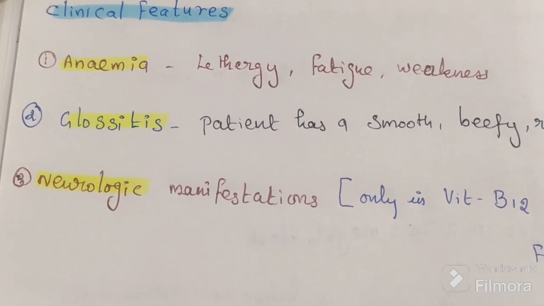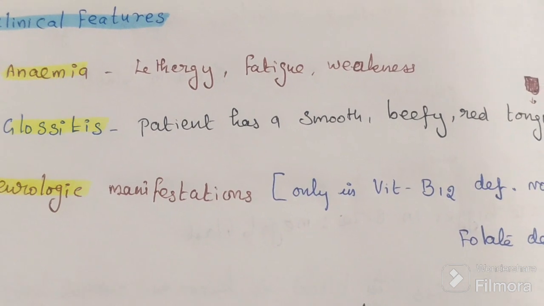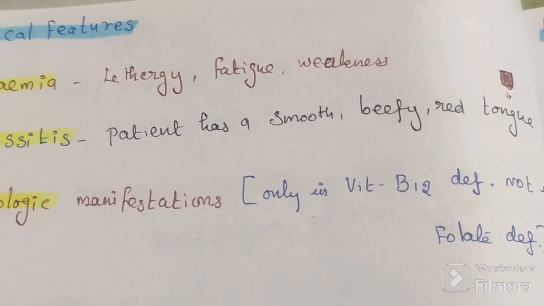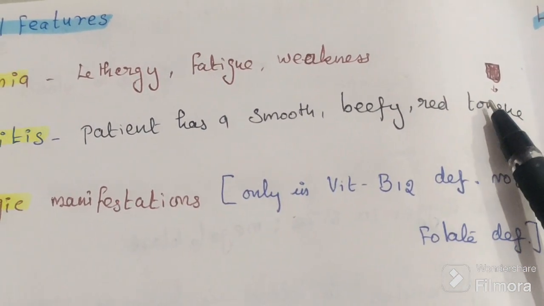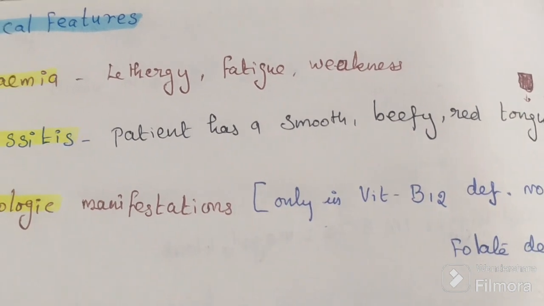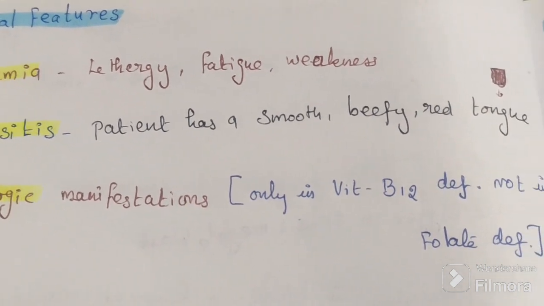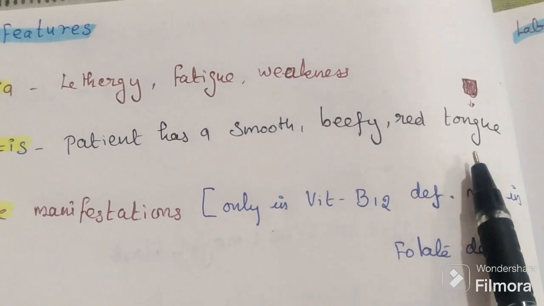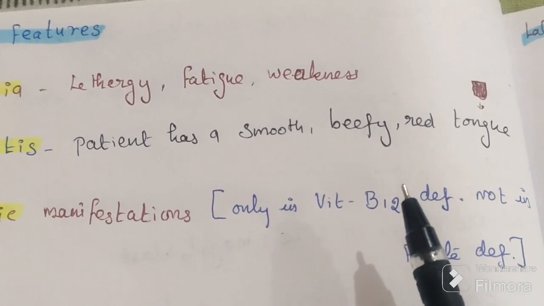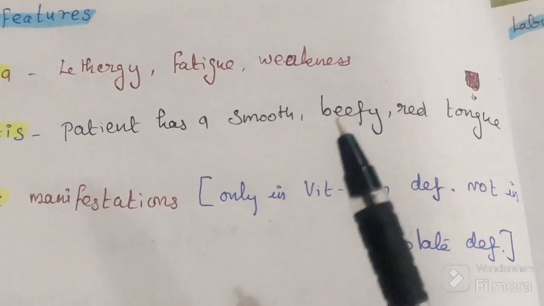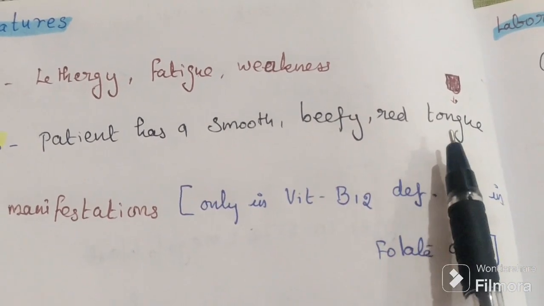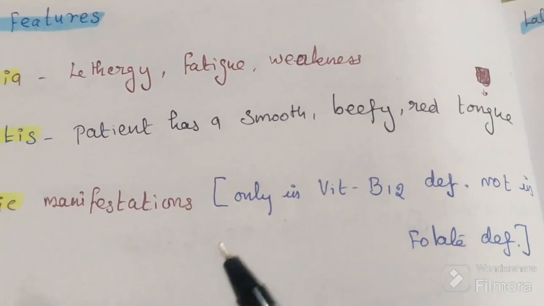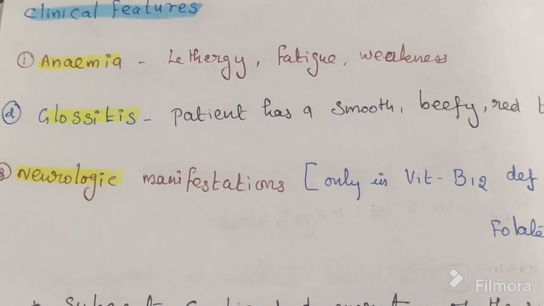Then glossitis. What is glossitis? The tongue becomes red and enlarged in size, so it is known as beefy red tongue. Beefy red tongue is the picture of megaloblastic anemia.